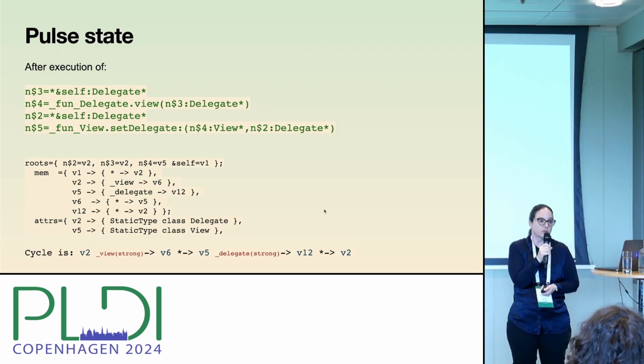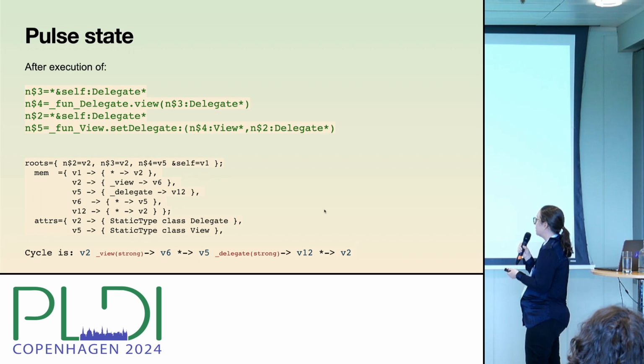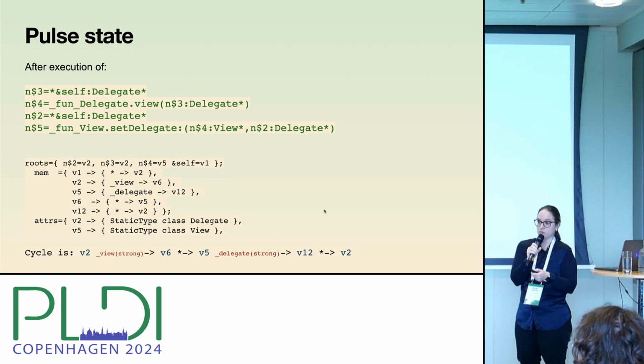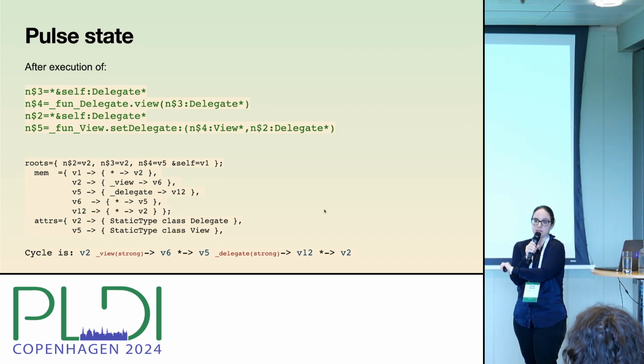Yeah, we check that too. Right, so the class. We also want to only report on Objective-C classes, so we check that the values in the cycle are either pointers or Objective-C classes.